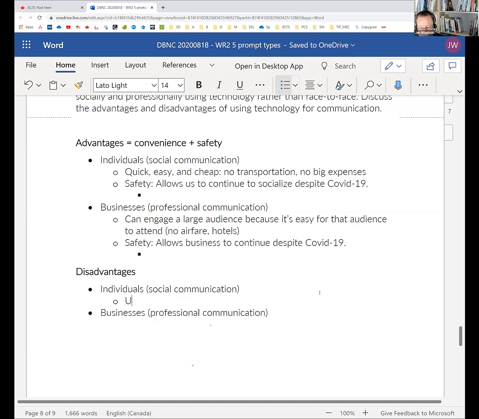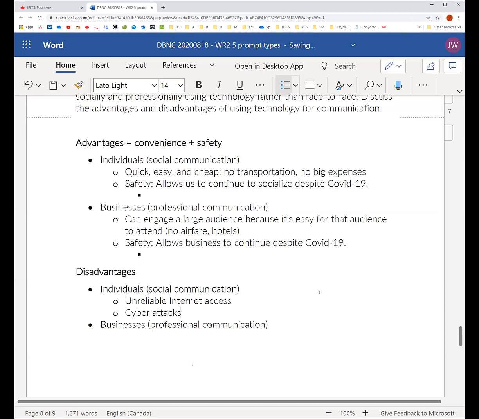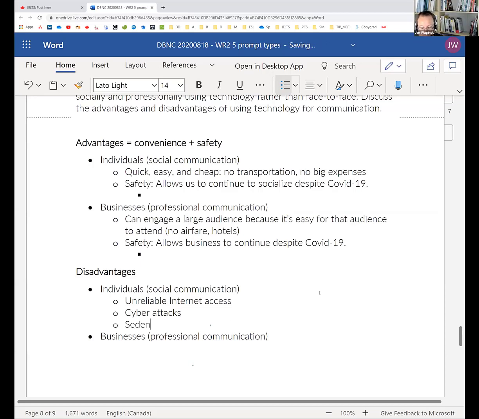Okay, so let's say unreliable internet access is a problem for some people. That's cyber attacks. Sedentary lifestyle.